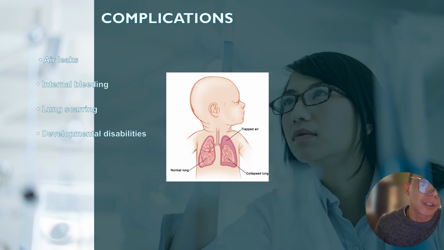Other complications may include internal bleeding, lung scarring, or developmental disabilities. If the baby's brain is damaged during NRDS, due to either bleeding or lack of oxygenation, it can lead to long-term developmental disabilities such as learning difficulties, movement problems, impaired hearing, and sometimes impaired vision.